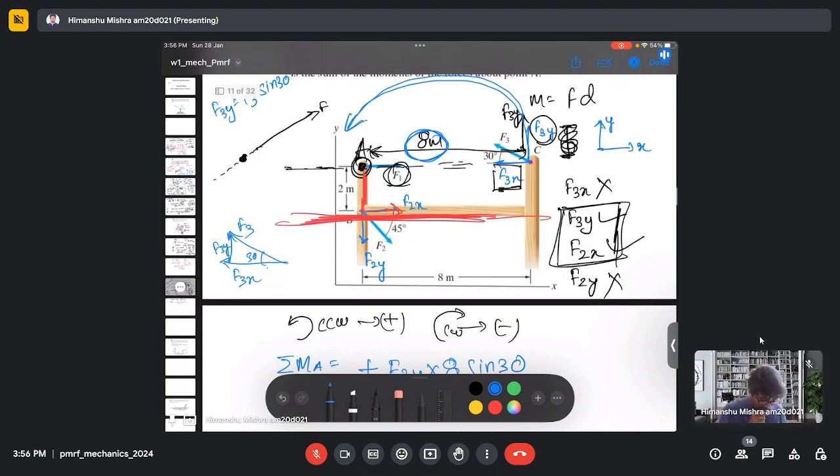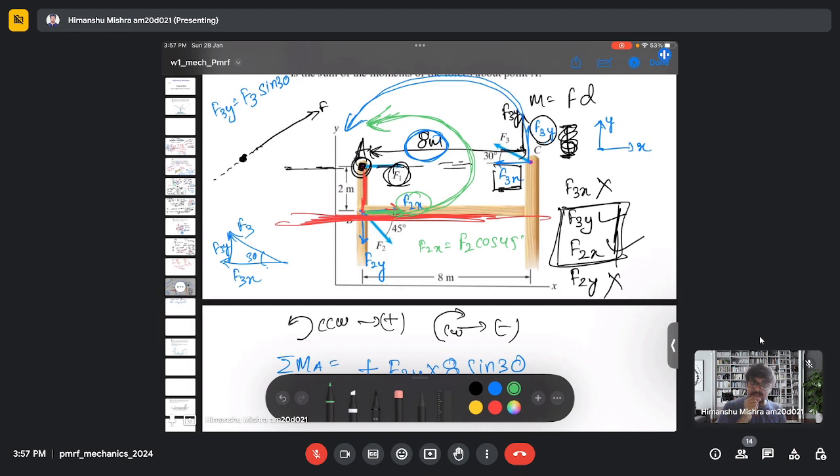Now a similar thing we can do for the F2x, which is creating a movement here. So this is my F2x, again the component of F2, which is F2 cos 45. So this F2 is approaching point A again in the counterclockwise direction. So this is again revolving in the counterclockwise direction about point A.